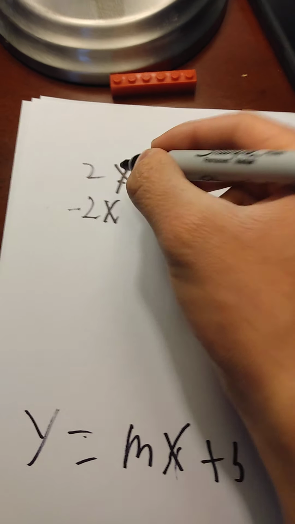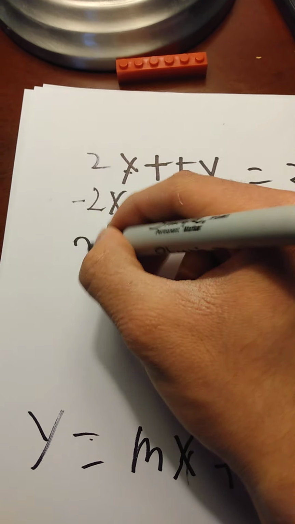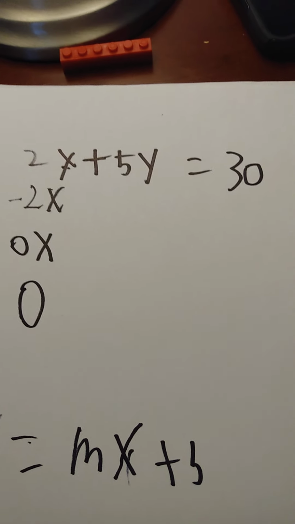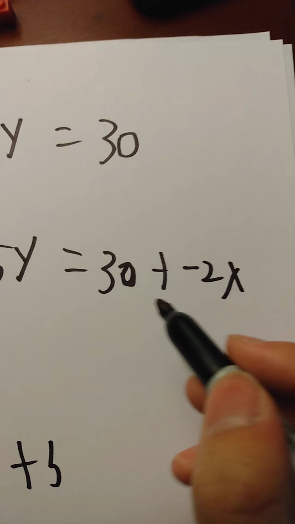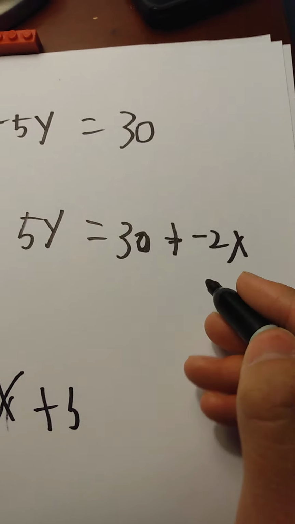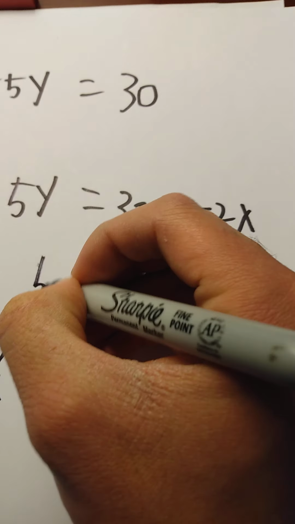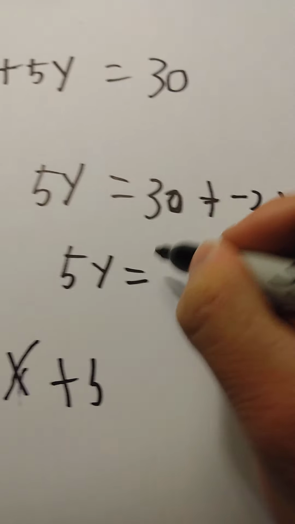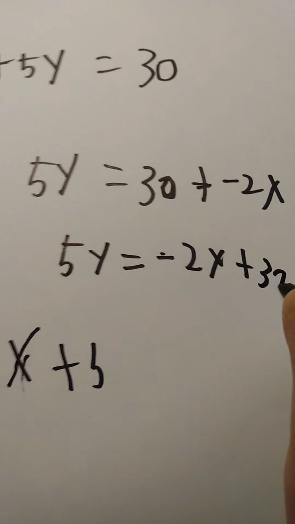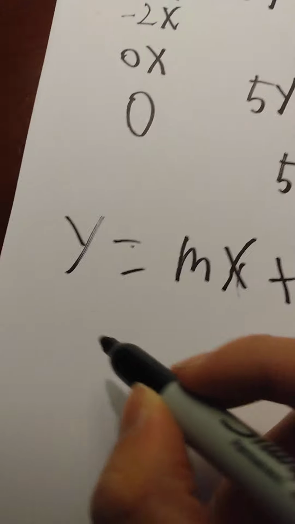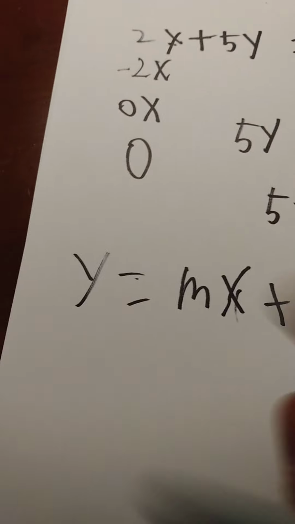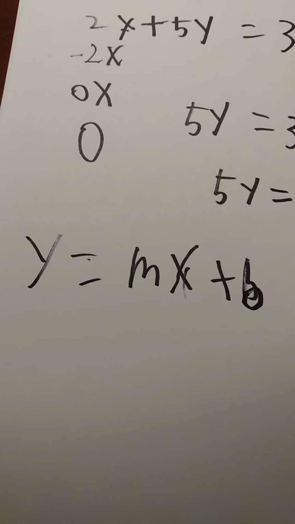Because we're trying to eliminate it. So then we get 0x, or just 0. Now we just have 5y equals 30 plus negative 2x. But to make it more understandable, you would want to write it as 5y equals negative 2x plus 30. Why? Because we're trying to copy the y equals mx plus b form. We're trying to put it into this formula.